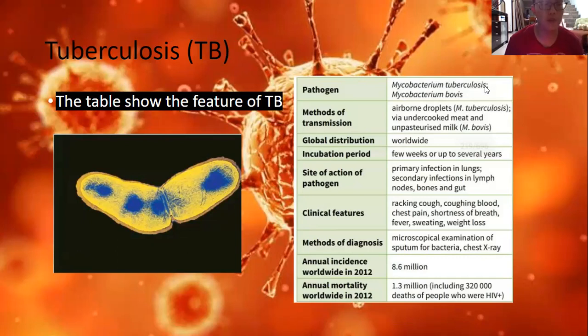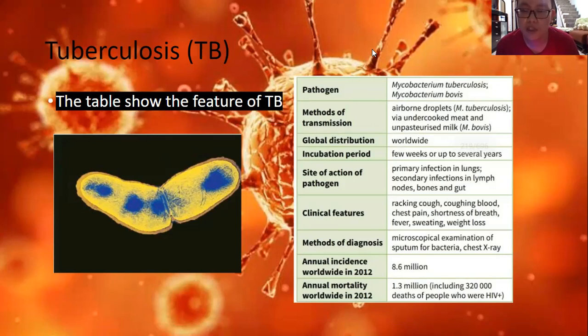Tuberculosis, or TB. The table on the right shows the features of TB. The pathogen is called Mycobacterium tuberculosis, and Mycobacterium bovis. Methods of transmission: airborne droplets, undercooked meat, and unpasteurized or dirty milk. Global distribution: worldwide.